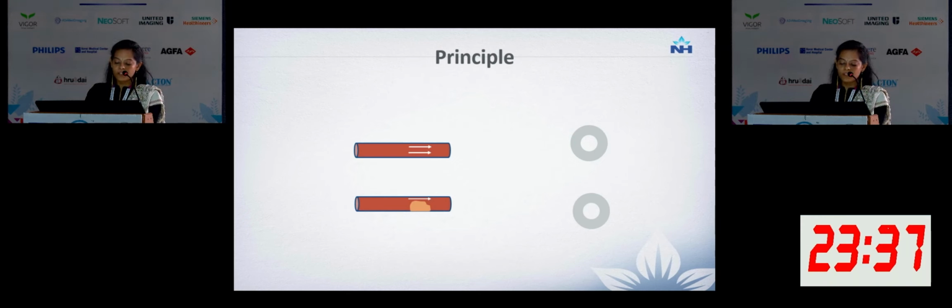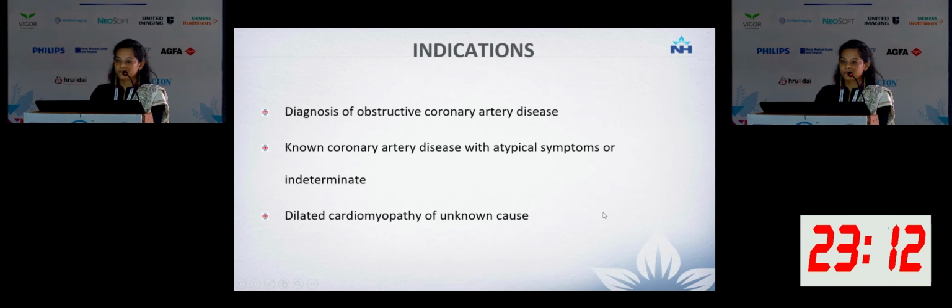And even after that, if you see a defect, that means that narrowing is significant enough to not let enough blood, which contains gadolinium, to go. So while the rest of the myocardium perfuses and looks gray, the area supplied by the abnormal coronary does not perfuse, and it is seen as a perfusion defect.